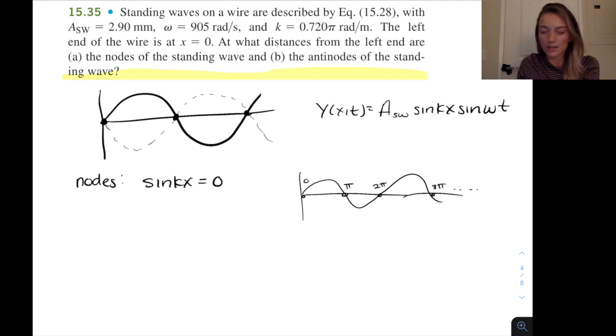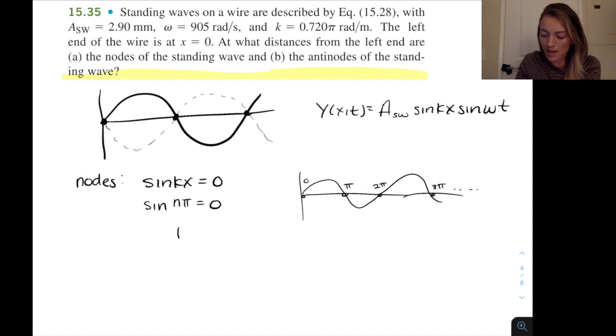So sine is 0 when we have an integer number of pi's. So when you're doing sine of n pi, where n is some integer, sine will always be 0 there. So that means that kx has to be equal to an integer multiple of pi.